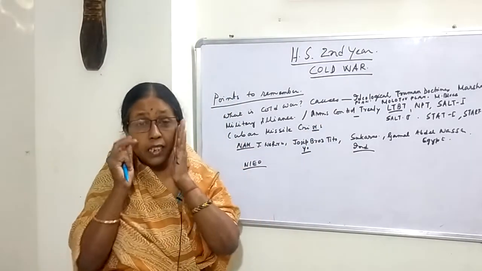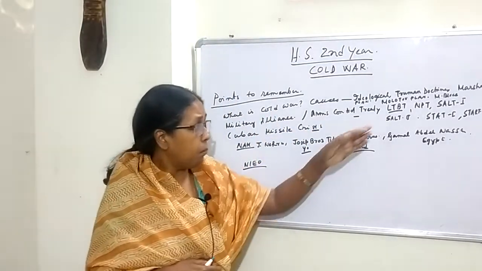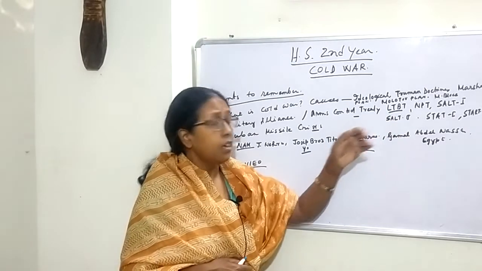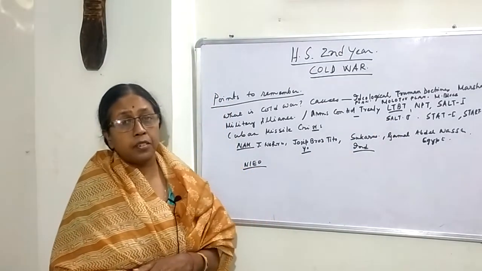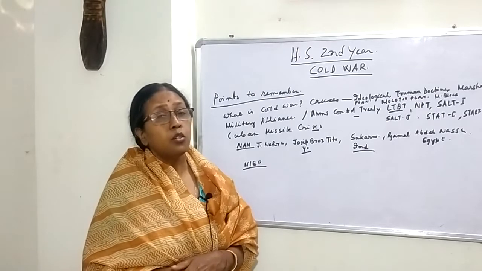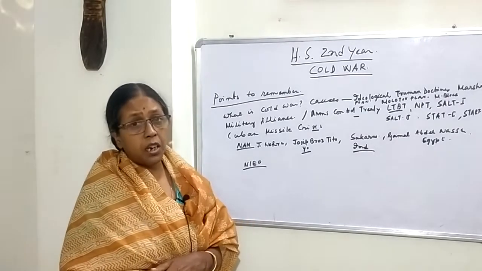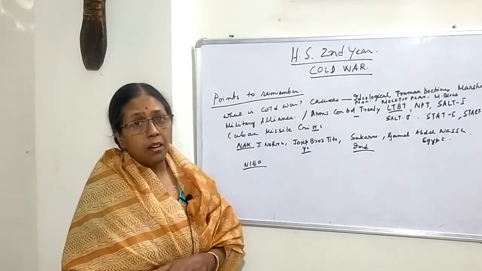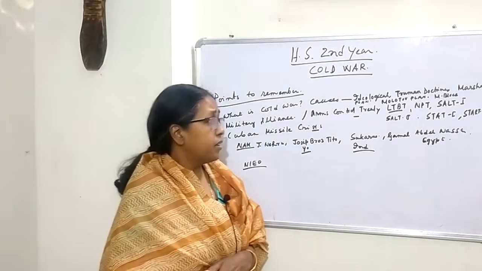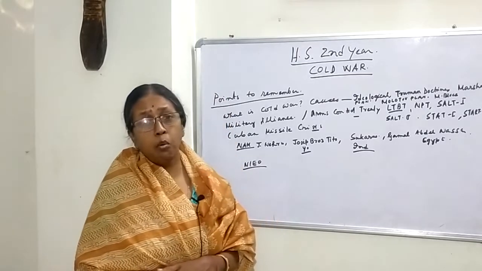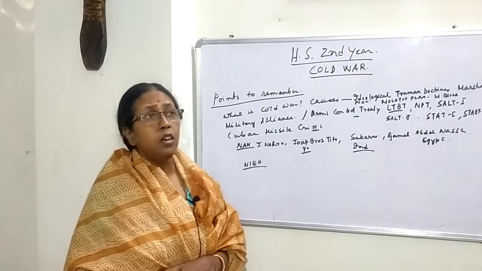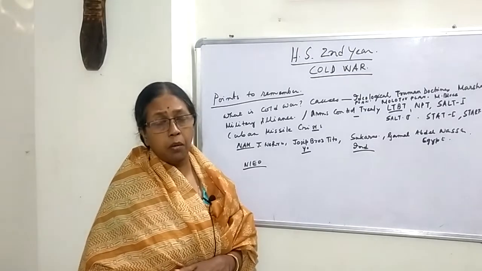After the 1960s, a number of arms control treaties took place among Soviet Russia, America, sometimes Great Britain, France, etc. Actually, both Soviet Russia and America were nuclear powers.